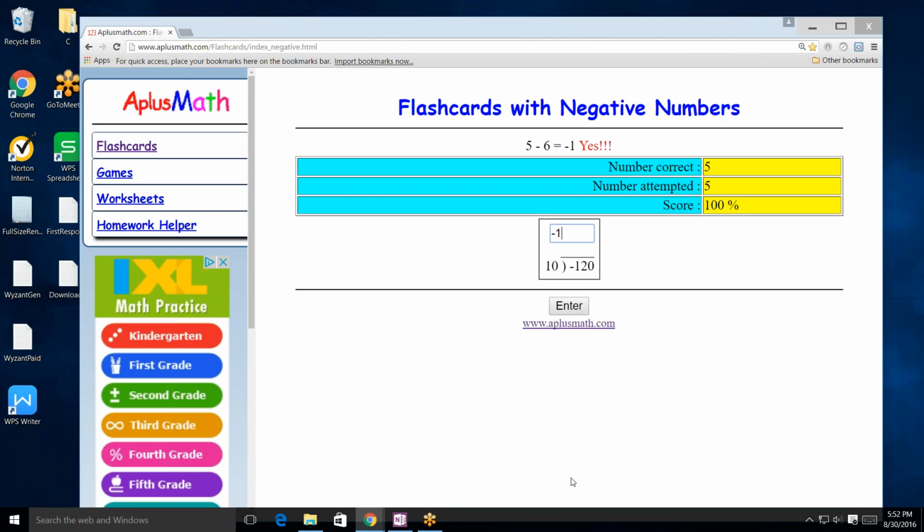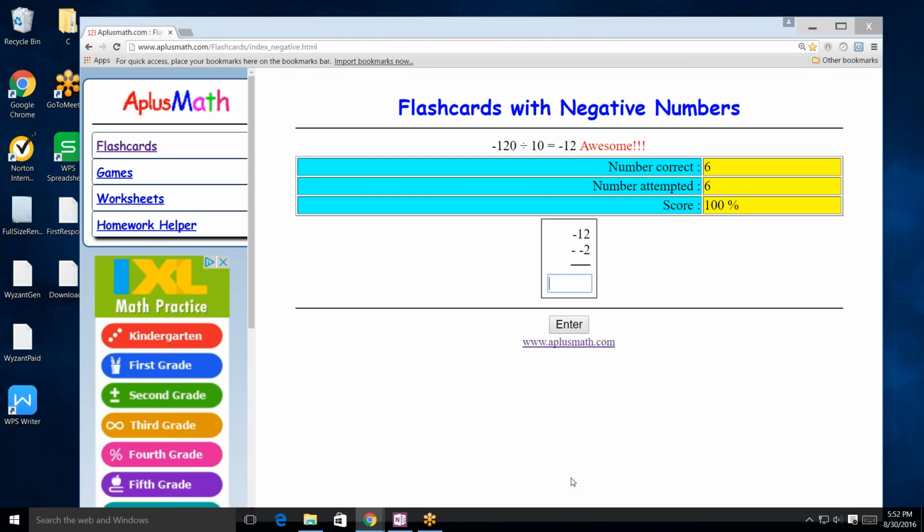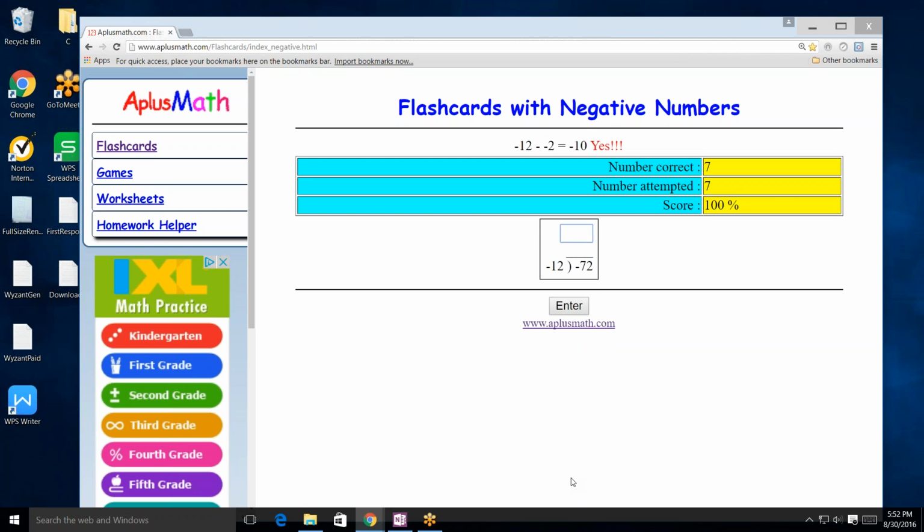Negative 12. Negative 10. Know that it's a whole number. They're not going to give it to you. Even though it's 2 digits divided by 2 digits, you know the answer is going to have to be a whole number, right? Yeah. What is it?